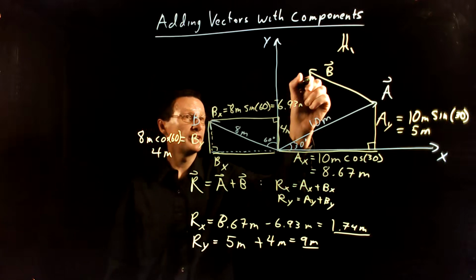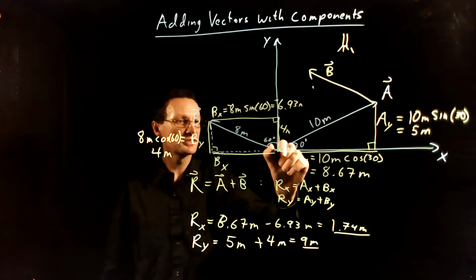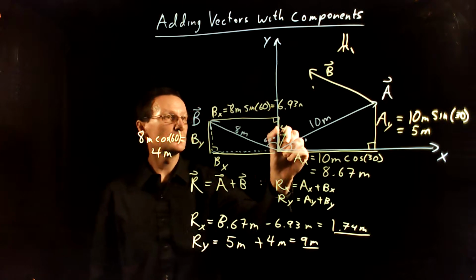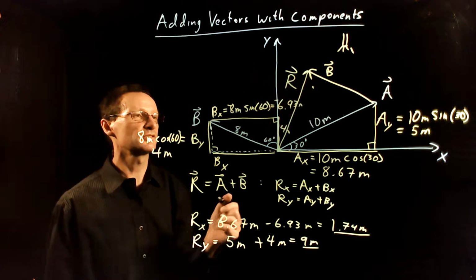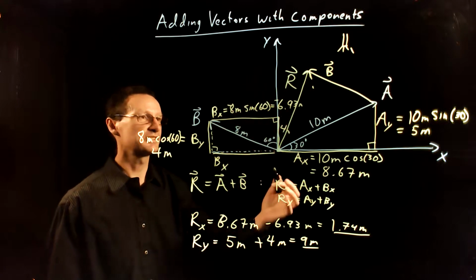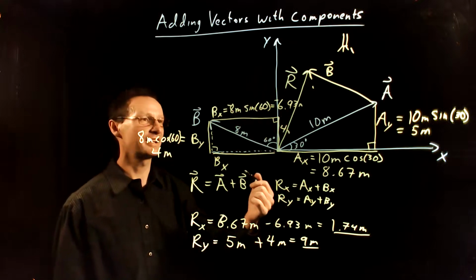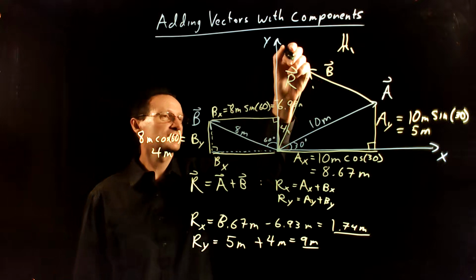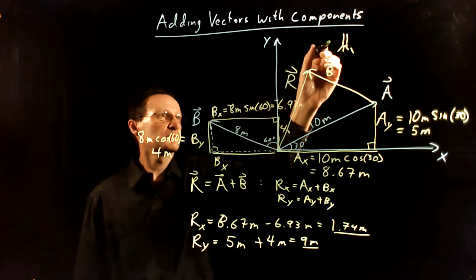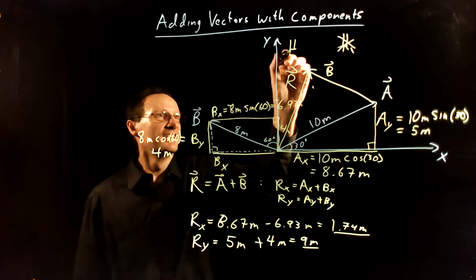The resultant goes from where you begin to where you end, and so the resultant looks like that. I apologize for this mess, but that's just the way it is with these diagrams. Sometimes they get really busy.